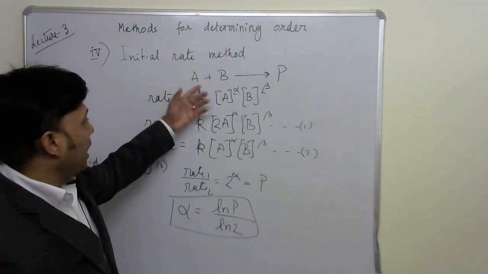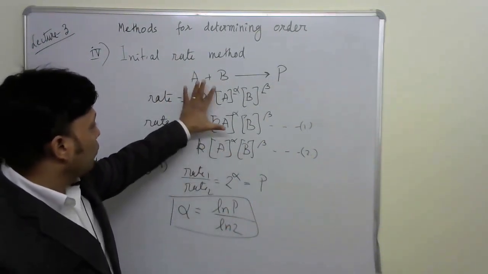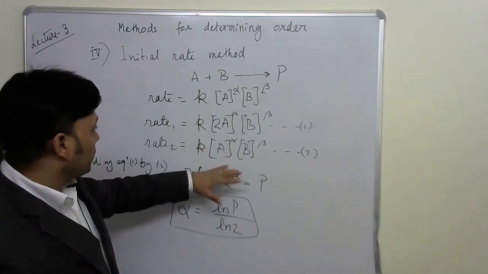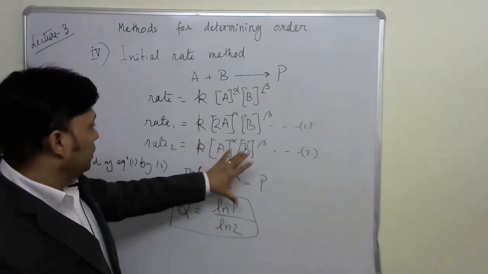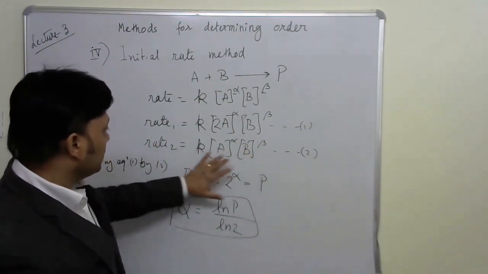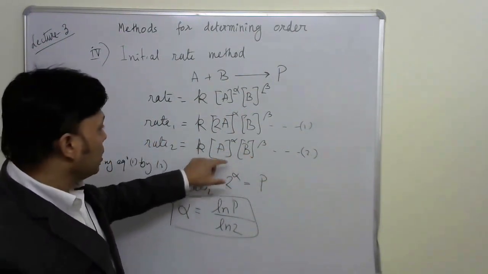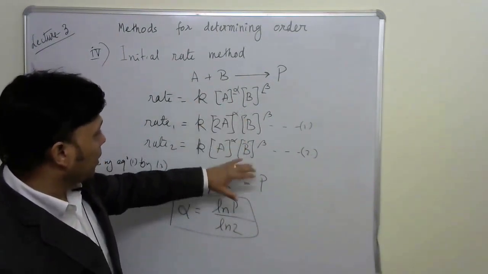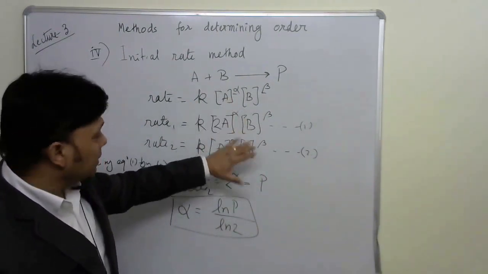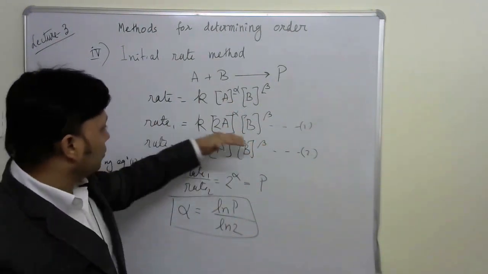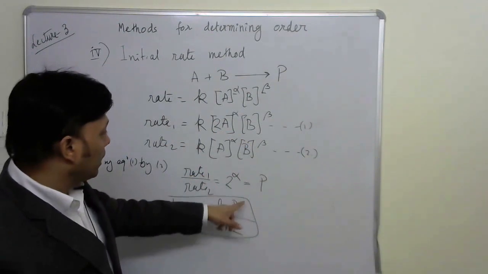In the same manner, we repeat the process without changing the concentration of A. We run the reactions twice. In the first set we take double the concentration of B, and in the second set, everything is as it is. So we change the concentration of B, whether double or half or whatever, and then again by taking the ratio rate 1 by rate 2, we can easily figure out beta.